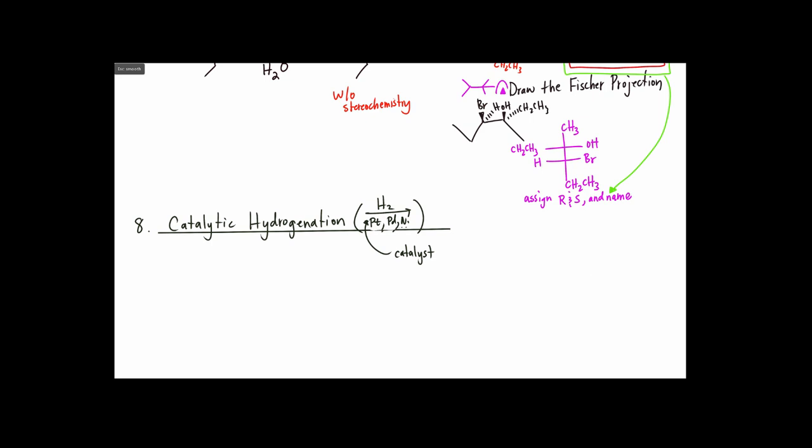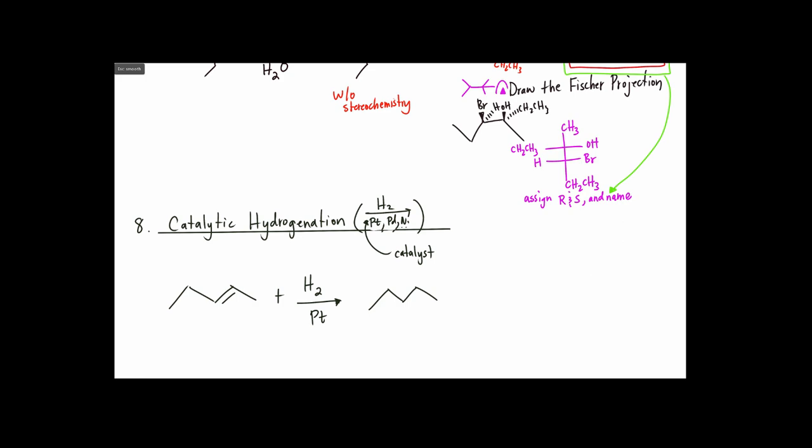So, let's give you a reaction like this. And if we have H2 over that catalyst, this is one of the most simple reactions. You're just reducing the alkene to an alkane.